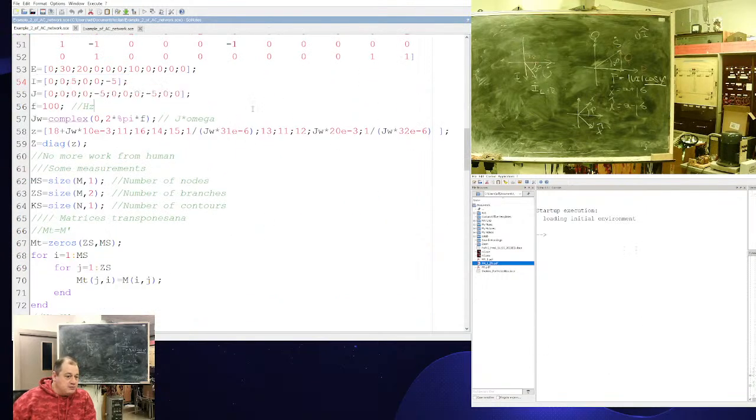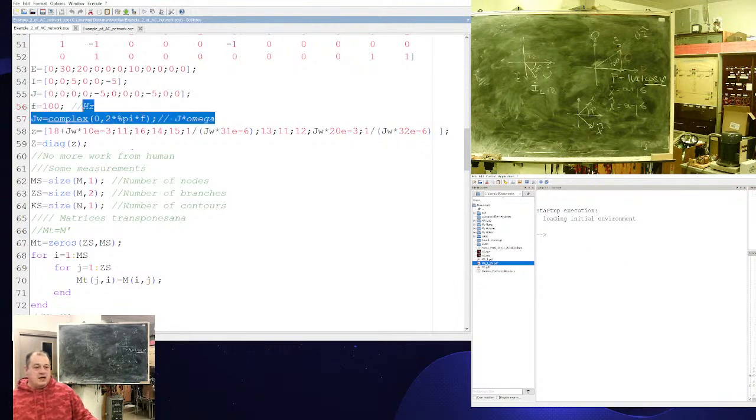Now what about your omega? Frequency 100. Wait, example. Here I use a complex function to create a complex frequency.